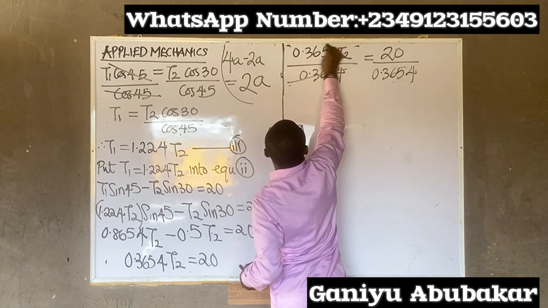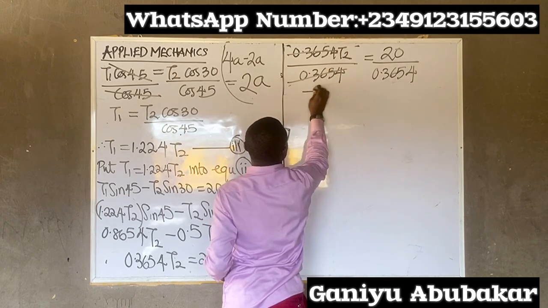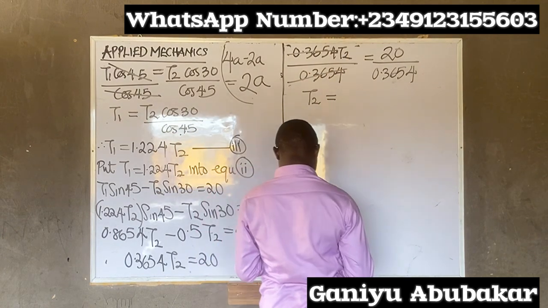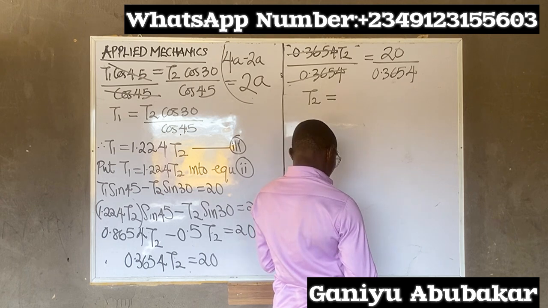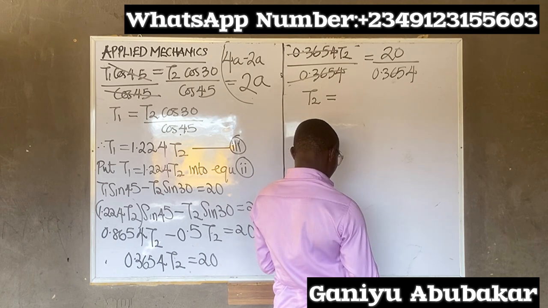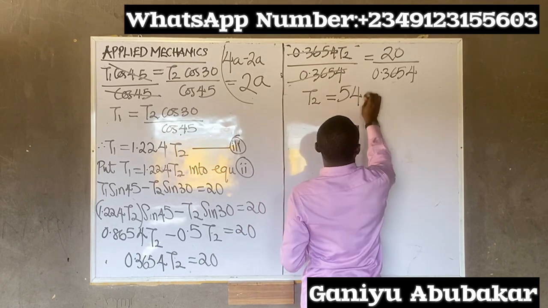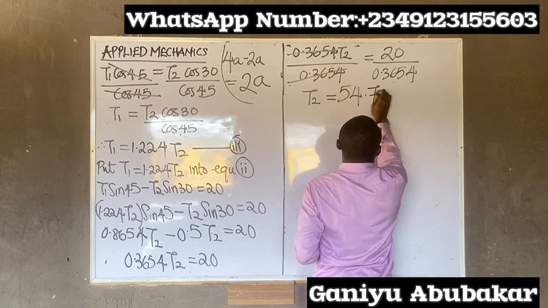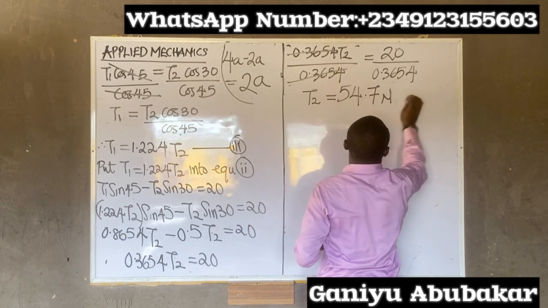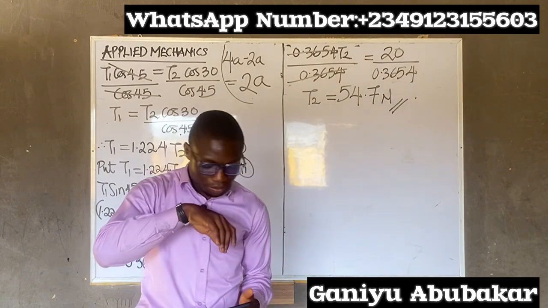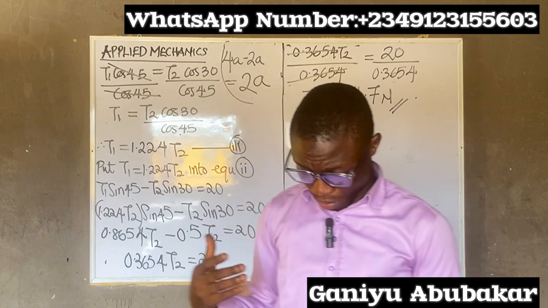This will cancel this. So T2 is equal to 20 divided by 0.3654, which gives you 54.7 Newton. This is my T2 value as shown on the board.